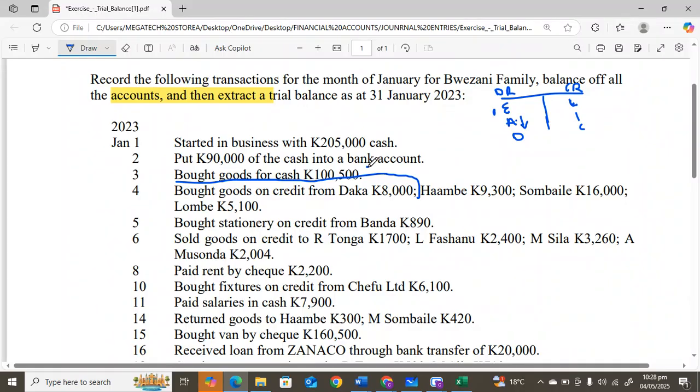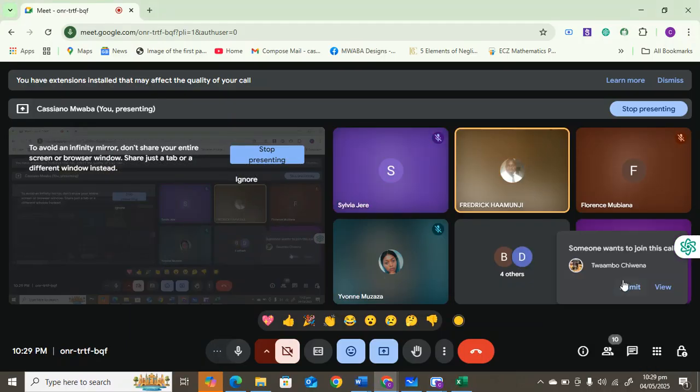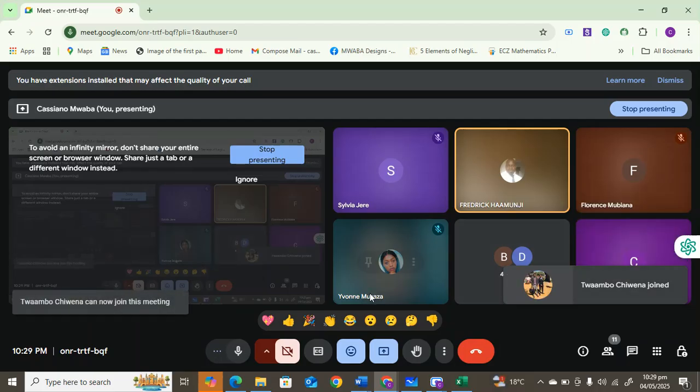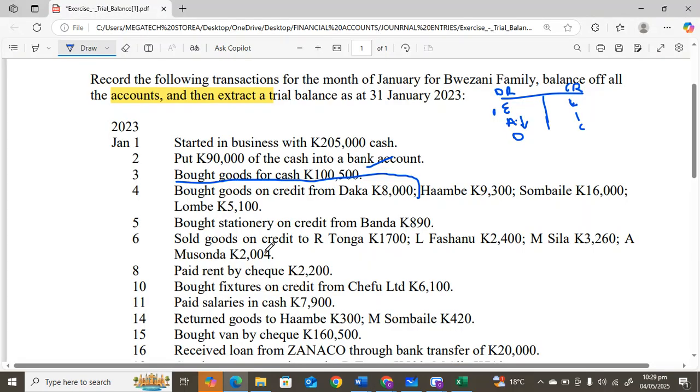Remember, this previous transaction was a cash purchase. This one, it's a credit purchase. So what are we substituting cash with? When you buy on credit, what happens when you buy on credit?